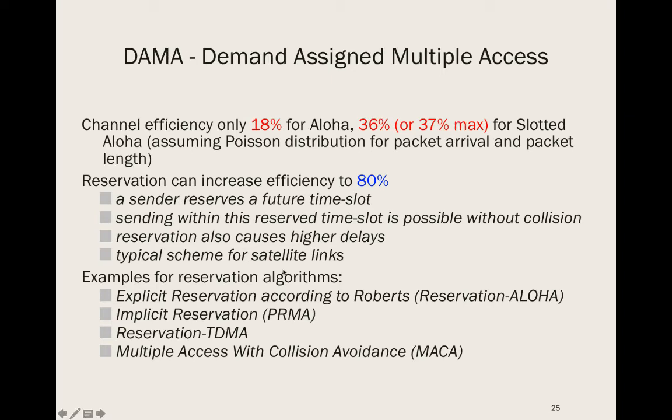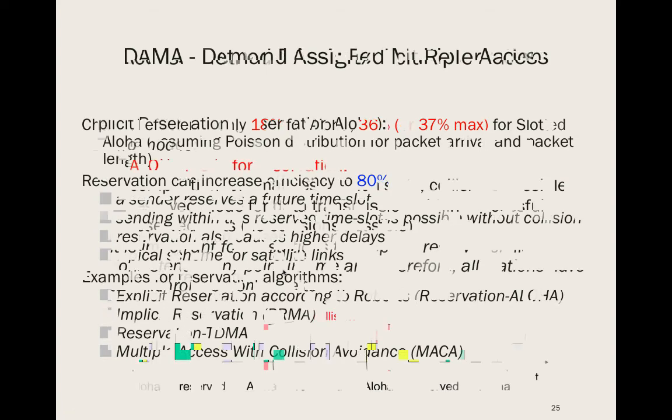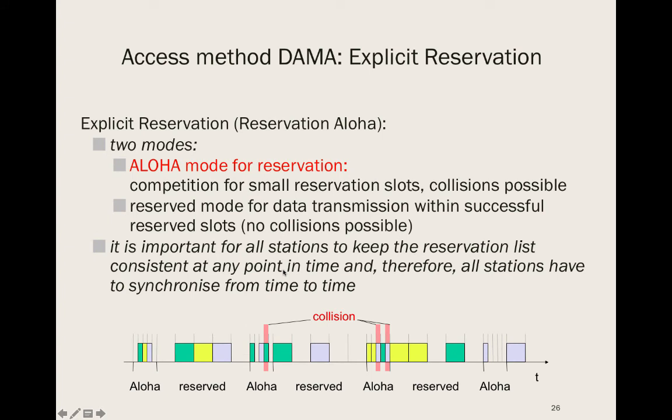The first reservation method is explicit reservation, or reservation aloha. It is also called R aloha. There are two modes in this method: an aloha mode for the reservation, basically the unreserved mode, and a reserved mode. In the aloha mode, stations are competing for reservation slots, which are smaller slots, and collision can happen.